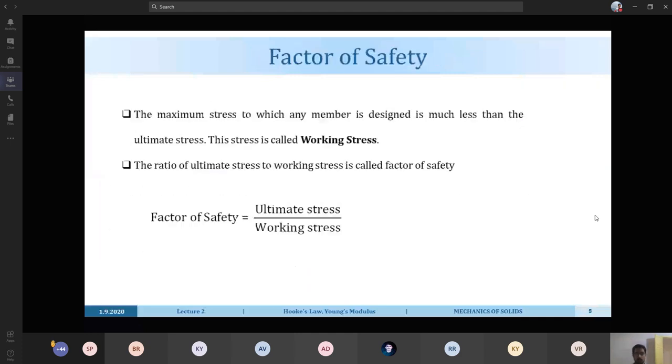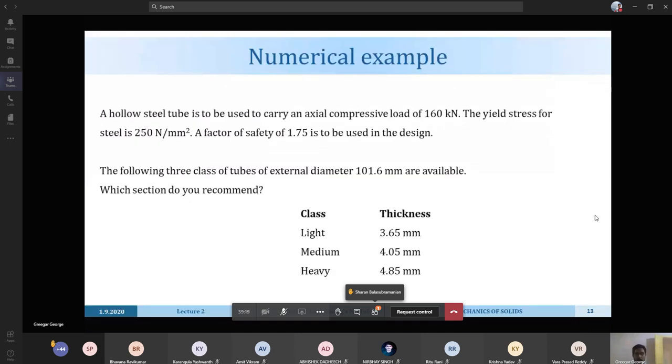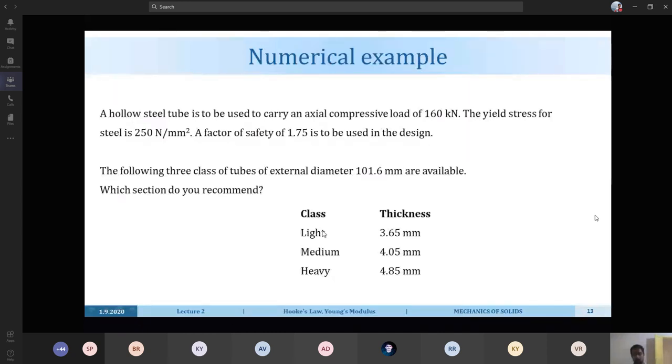So here the question is, if we take this heavy class, there is more area. That means that steel tube can carry more load compared to the light steel tube. But the consultancy team is giving details that this steel tube can carry a maximum of 160 kilonewton.